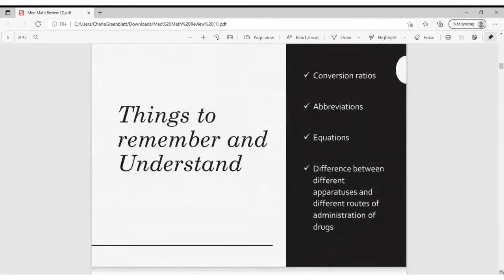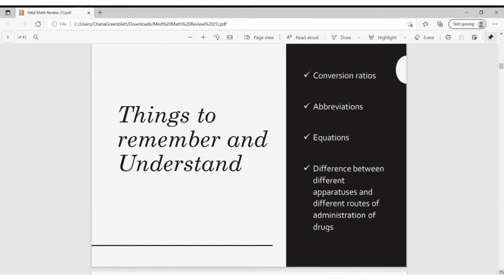So just a little bit about all these different forms or terms. Conversion ratios basically mean that if you use one ratio and you flip it around, you'll be able to get another number. It's important to understand what the different abbreviations are. So knowing that GM is equal to gram, or TSP lowercase would be teaspoon and uppercase would be tablespoon, milligrams versus micrograms, really paying attention to the minute differences.